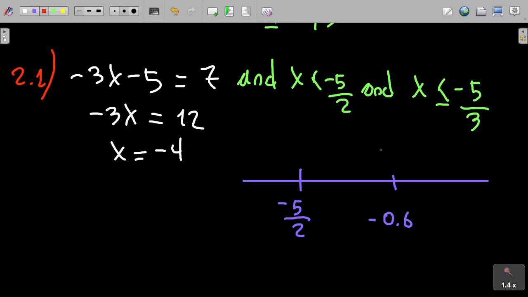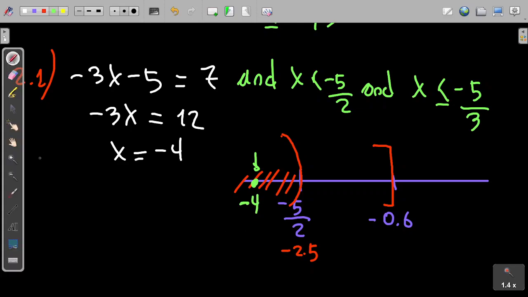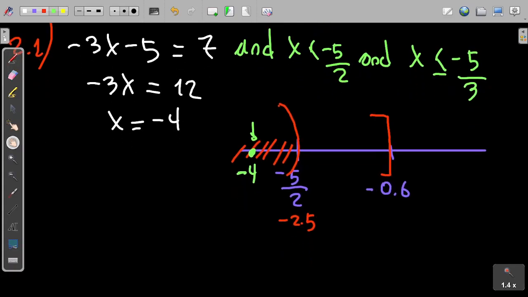So we have this interval to the left of negative 1.6, and to the left, but it is open, of negative 5 over 2. This is negative 2.5, and my answer is negative 4. So negative 4 is here, to the left of negative 5 over 2.